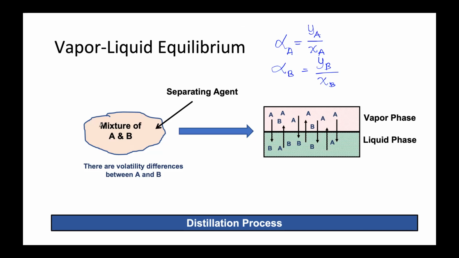So if a mixture has a volatility difference between A and B, then we can heat it up. A will go into the vapor phase much more easily, while B will still be in the liquid phase. Once we have a vapor phase and a liquid phase, we can separate them because they are different phases. So this is a distillation process.